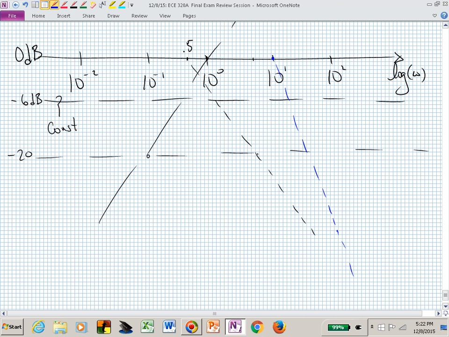Now what do we do? We add all of those up point for point. Meaning instead of being at minus 20 dB at 0.1, where are we actually at? What's actually in effect at 0.1? The constant and this 0. We have minus 6 and minus 20, so we're at minus 26 at 0.1.